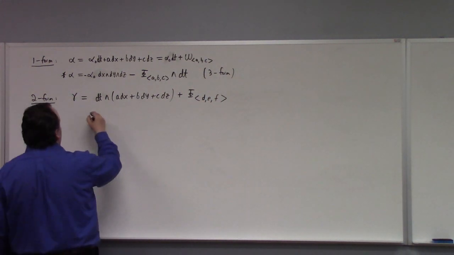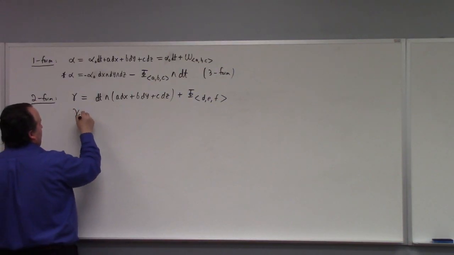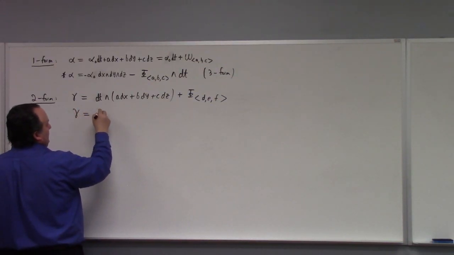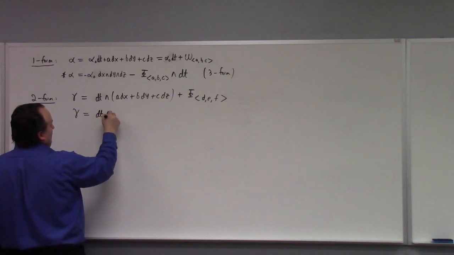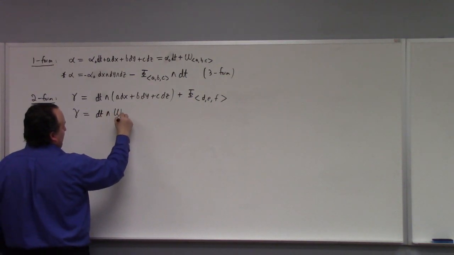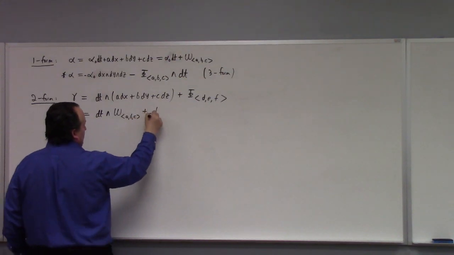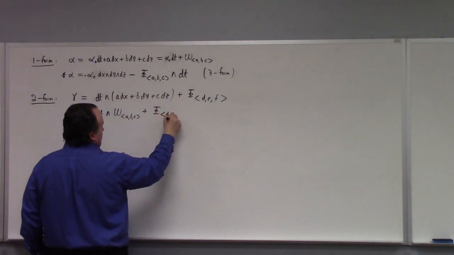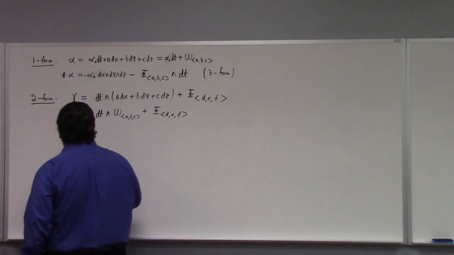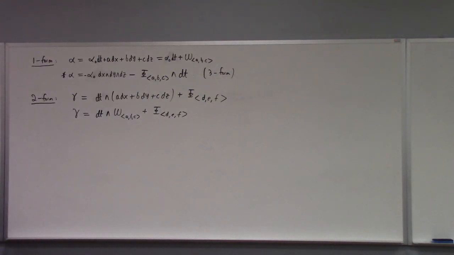In other words, an arbitrary 2 form we could express as dt wedged with the work form of a vector field ABC plus the flux form of a different vector field DEF, right? So a 2 form corresponds to not 1 vector field, but 2 3-dimensional vector fields, right? We need 2 3-dimensional vector fields to describe a 2 form here.